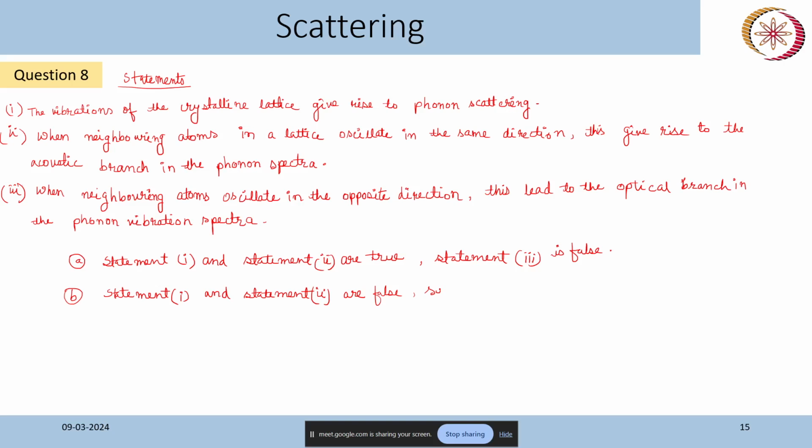Then option C is statements 1, 2 and 3 all are true.